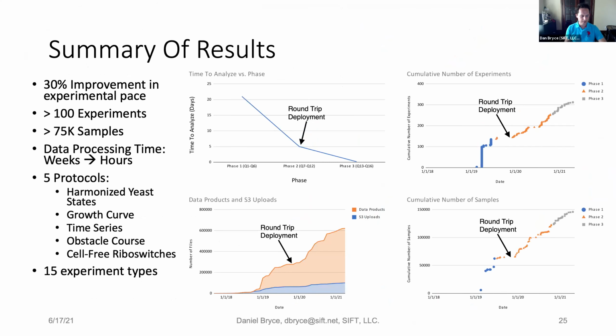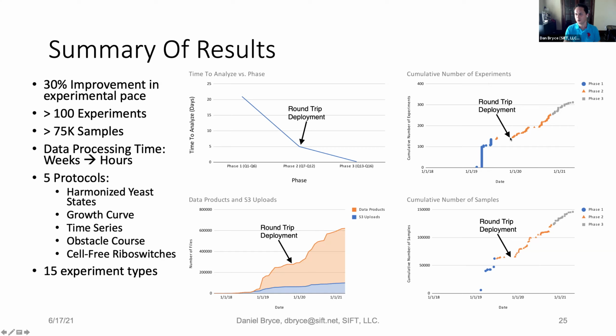Okay, with my last slide, I wanted to give you an idea of what this has done for us in terms of developing this sort of automation. What I'm showing on the right-hand side with these two plots are the number of samples generated and the number of experiments run over the course of the ST2 project. We started around the beginning of 2018, and we're currently in early mid-21.